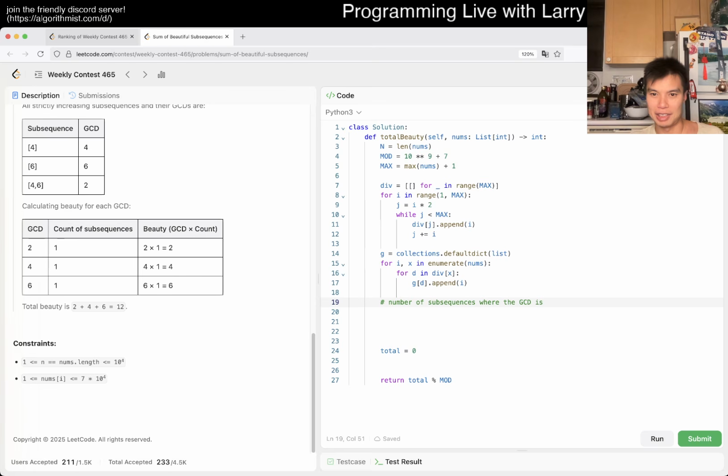I'm going to write G, but I guess that's not quite right. G over G lookup, maybe that's a little bit better.